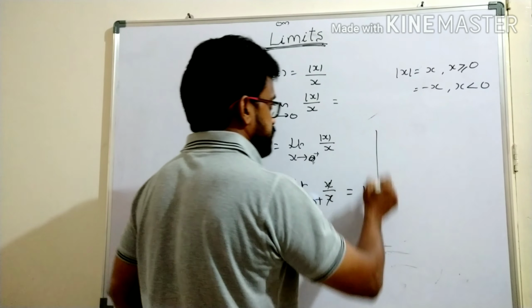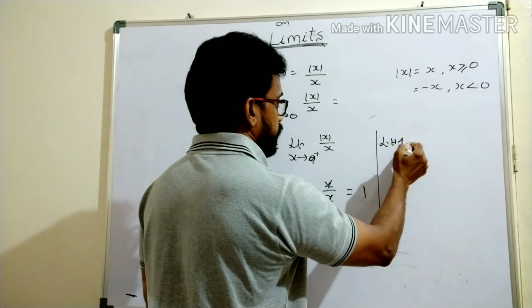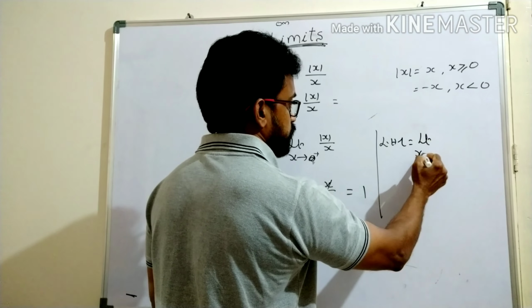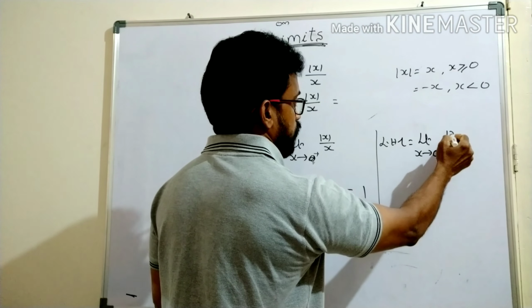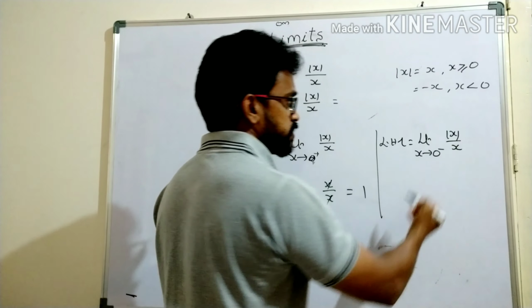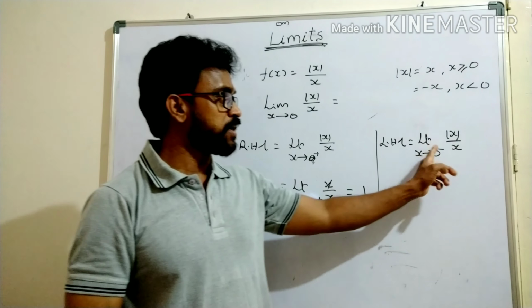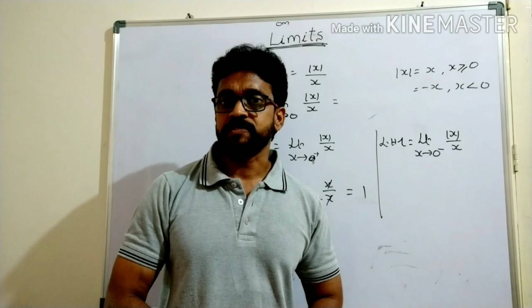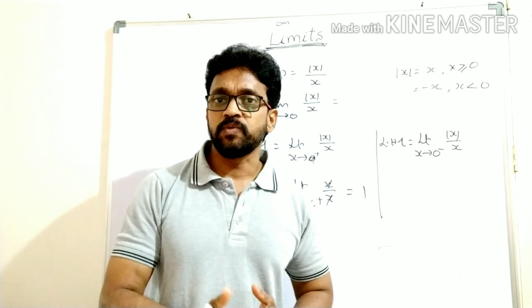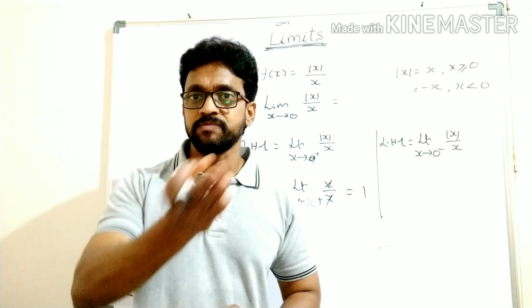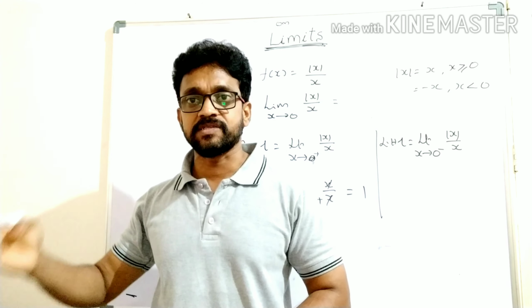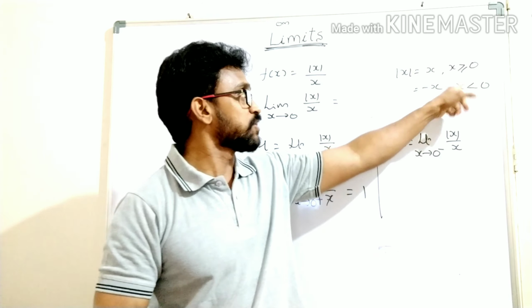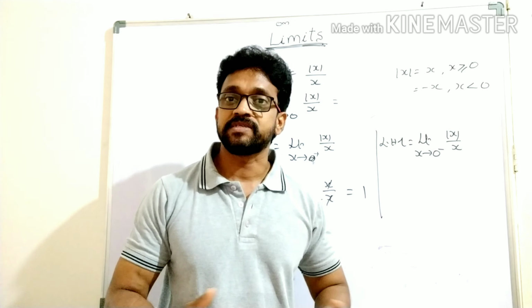Next, the left hand limit, limit x tends to 0 minus of mod x by x. X tends to 0 minus indicates x values approach to the left of 0. Left of 0 means x is less than 0. When x is less than 0, mod x is given by minus x.